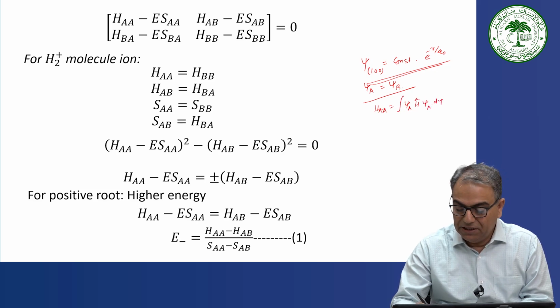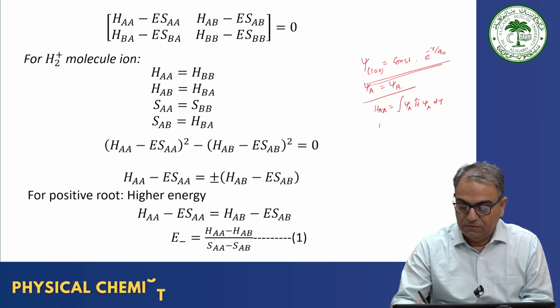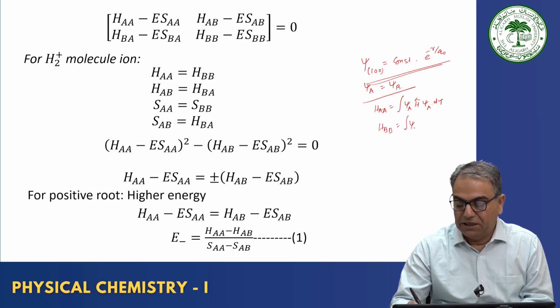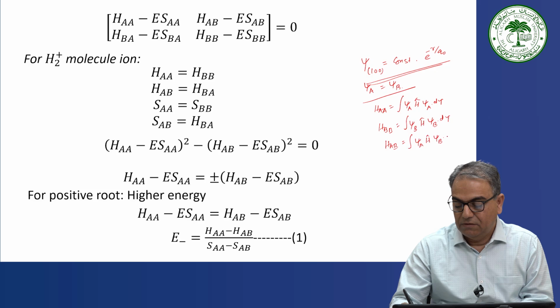If you write HBB, then it is psi B H psi B d tau. HAB is psi A H psi B d tau.